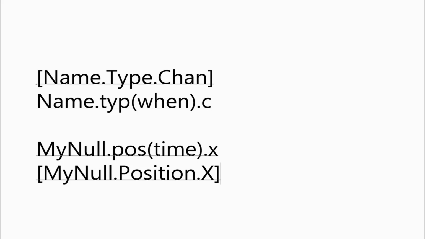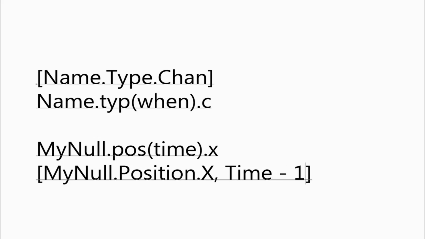Now, of course, we see the time variable that is always used in ELSE script notation, but that is also available in bracket notation. So if, for instance, I wanted to get the x position of myNull at a different time than the current time, which would allow me to have the item I'm using delayed in time or running ahead in time, then I can do comma, space, time with a capital T, and let's say minus 1.